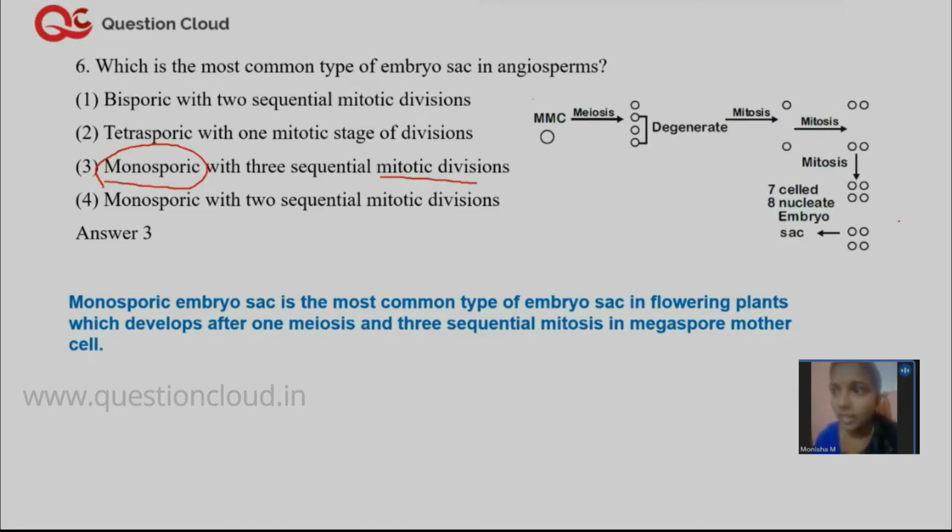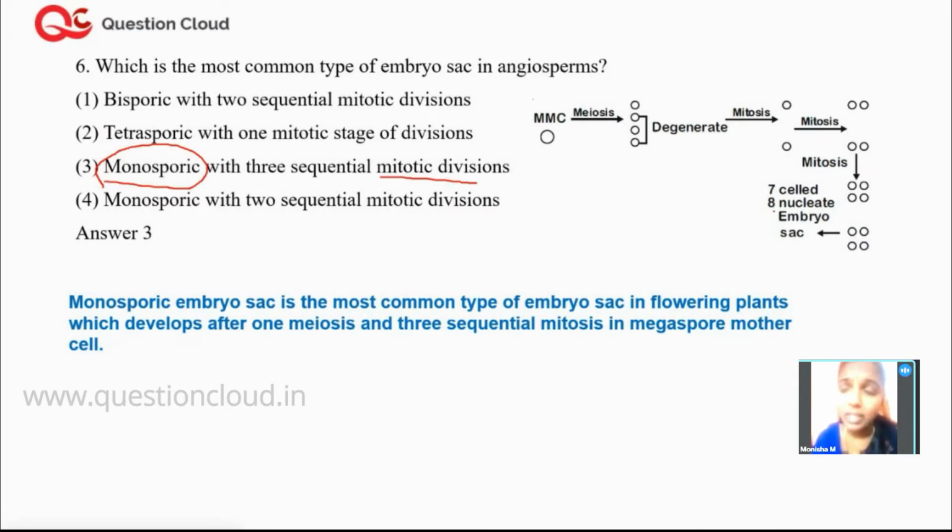So finally என்ன ஆகும்னா you will form the embryo. Okay, so remember, in case of angiosperms you have to have a monosporic condition, and under monospores 3 rounds of mitosis undergo பண்ணாதான் embryos can be formed. Okay, so the correct option for development of embryos in angiosperm is monosporic with 3 rounds of mitotic division. So the correct answer is option 3.